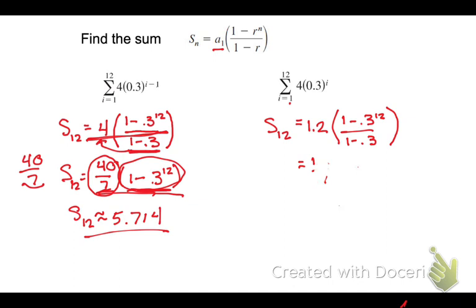And then times 1 minus 0.3 to the 12th. So let's see what I get. Approximately 1.714.